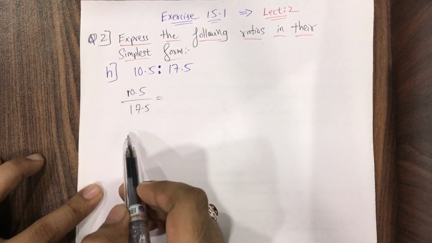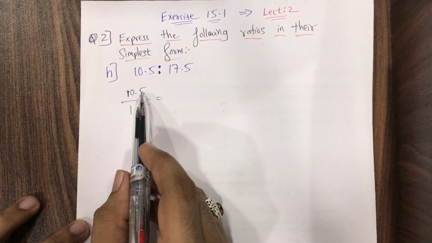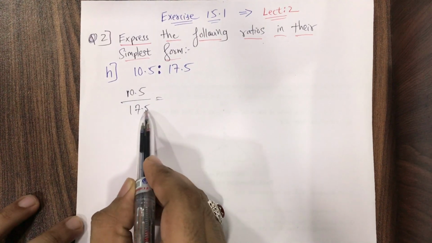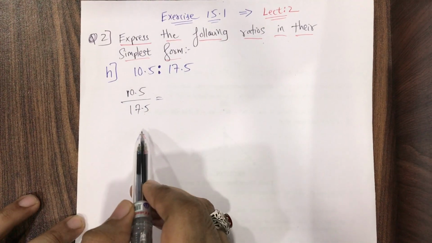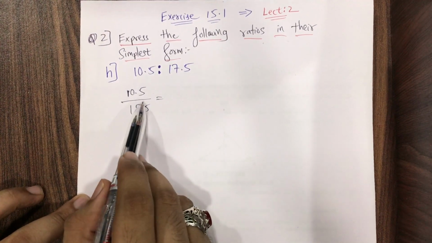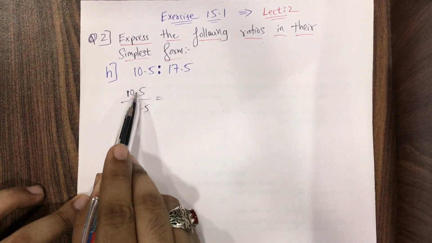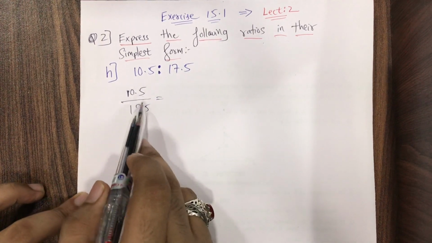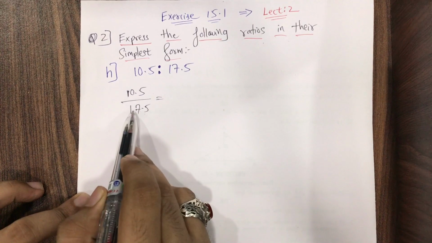Where can you see the decimal point? In the numerator, the decimal point is after one digit, after 5. In the denominator also, it's after one digit, it's after 5. Okay, so whenever we have decimal numbers and we have the decimal point after same number of digits, it's like 10.5 and here 17.5.